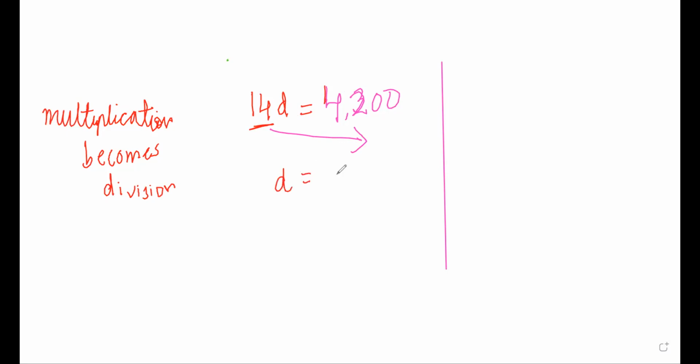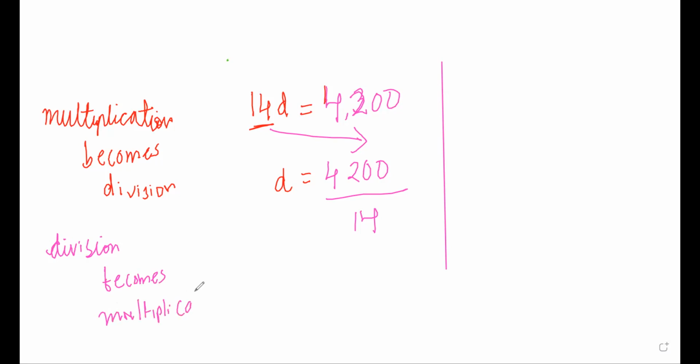I'll write with pink color 4,200 divided by 14. The multiplication became division. This is the rule. So opposite, division becomes multiplication. Understood? Multiplication becomes division and division becomes multiplication.